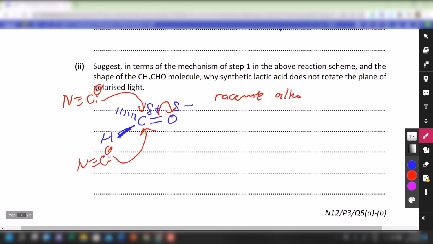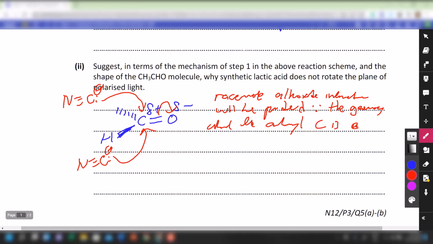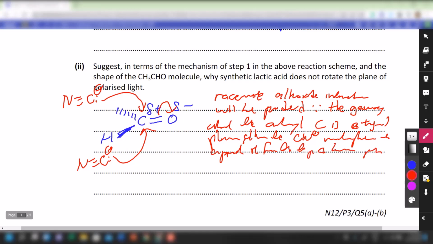alkoxide intermediates will be produced, because the geometry about the carbonyl carbon is trigonal planar, allowing the cyanide nucleophile to approach it from the top and bottom plane with near equal probability.